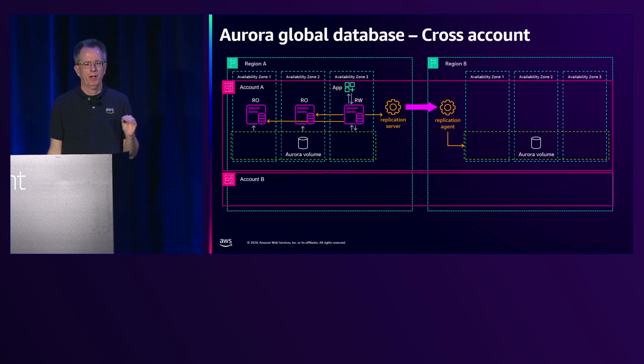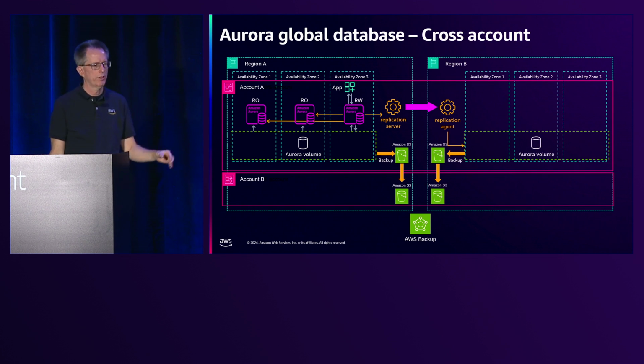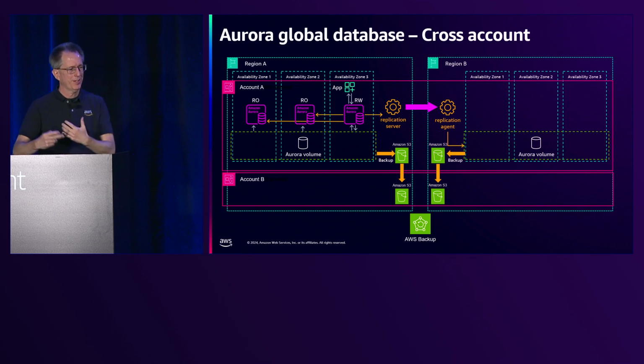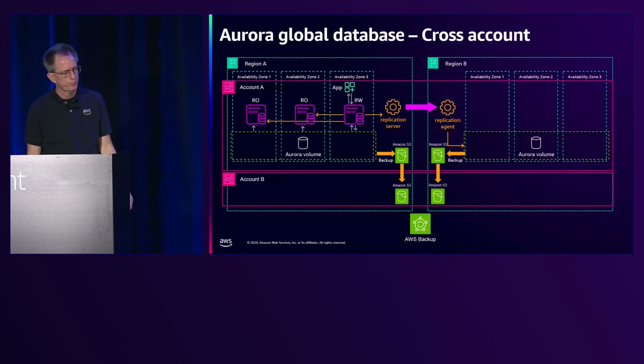What we can do is set up an account B, and with AWS Backup, we can set up snapshots that are taken in each of the regions and then copied into our account region in account B. This way, we're protected against anything happening in account A. Now again, this is asynchronous, so the same sort of RPO applies here: the frequency of your snapshot is going to be the amount of data that you're going to be missing. But again, it's a very powerful thing that's actually very easy to set up in AWS Backup.